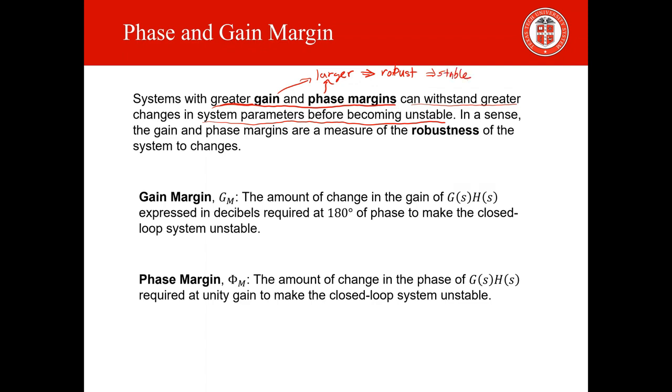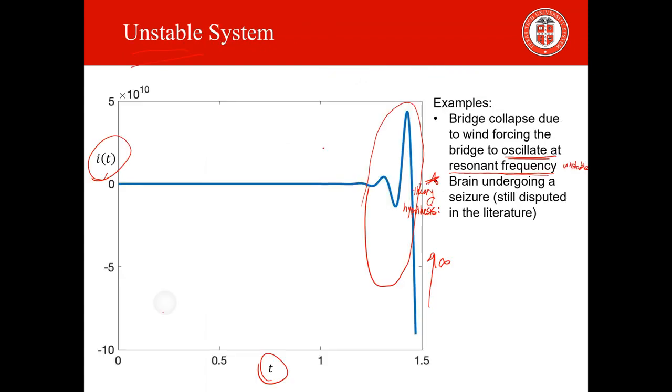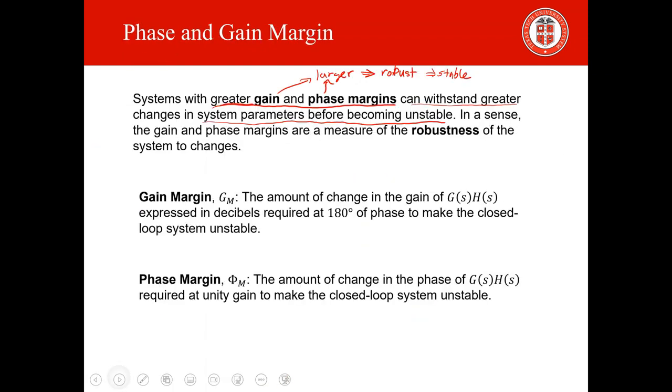On the other hand, if you have a smaller gain and phase margin, then your system is more susceptible to instability, let's say.